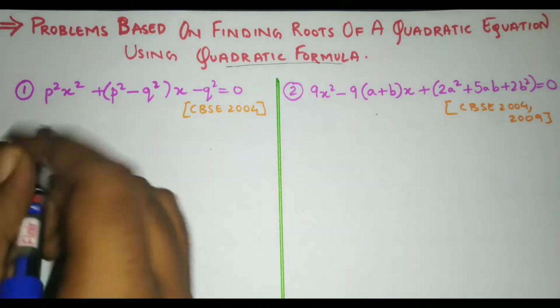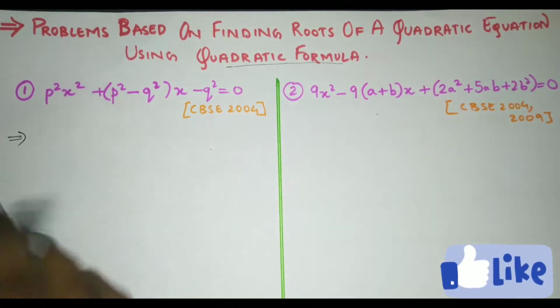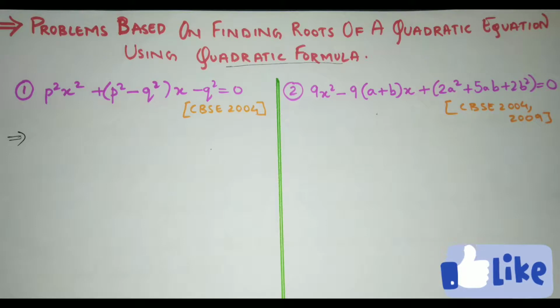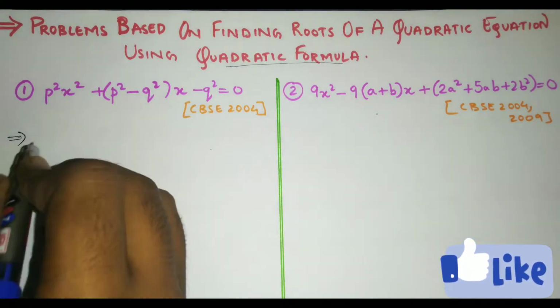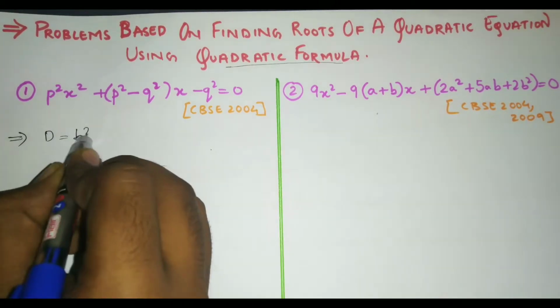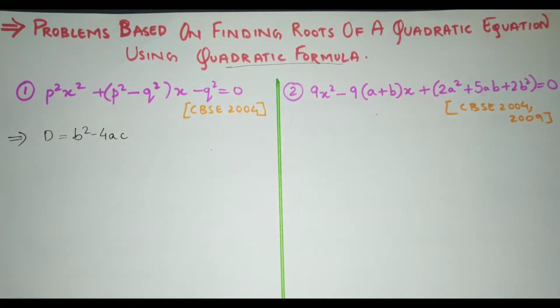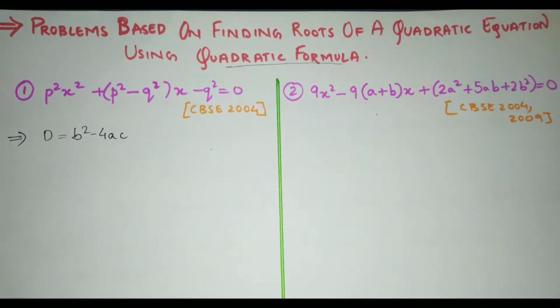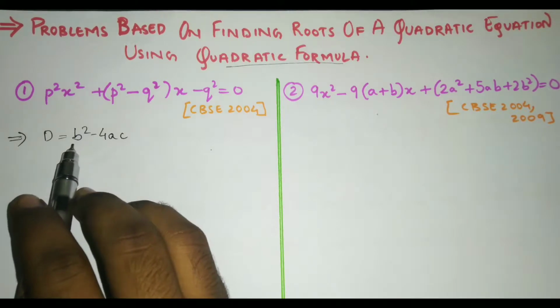Now the first step is that you have to find D, that means the discriminant. The discriminant formula is nothing but b square minus 4ac, right? So what is b here? That we should know.